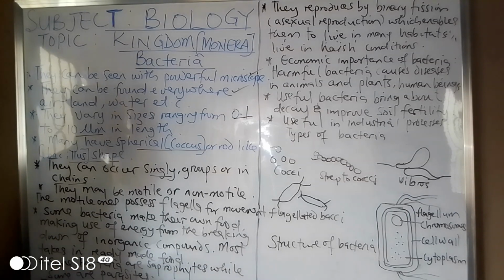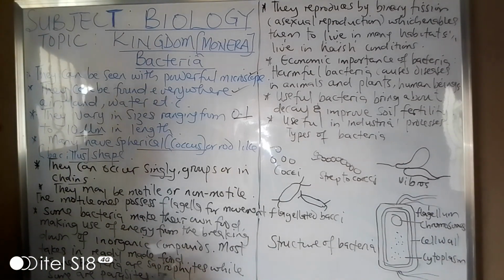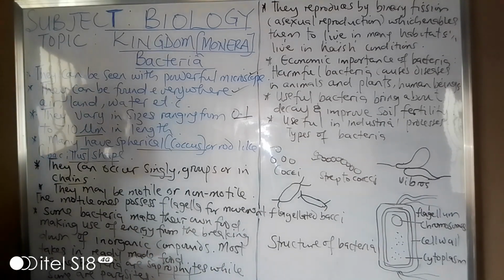Some bacteria are saprophytes. They live on dead decaying organic matter, and obtain energy by breaking down organic compounds. So some bacteria are saprophytes, while some are parasites. When you say parasite, some feed on another organism.